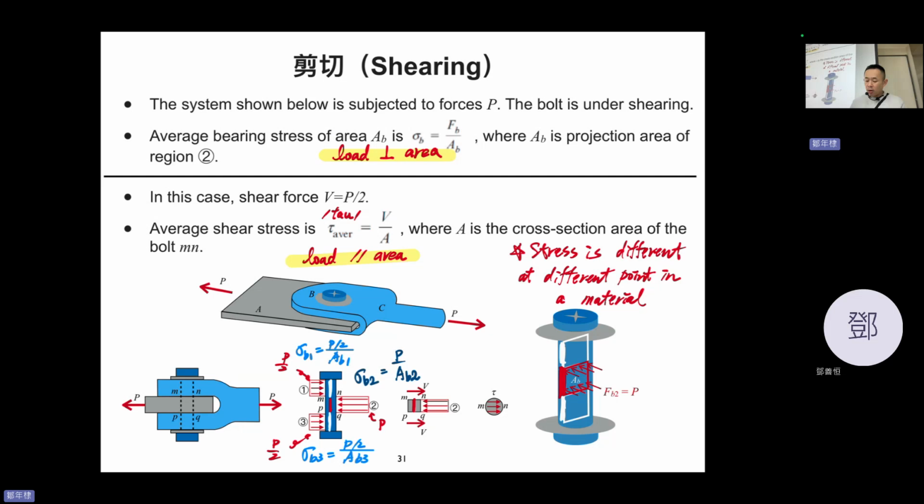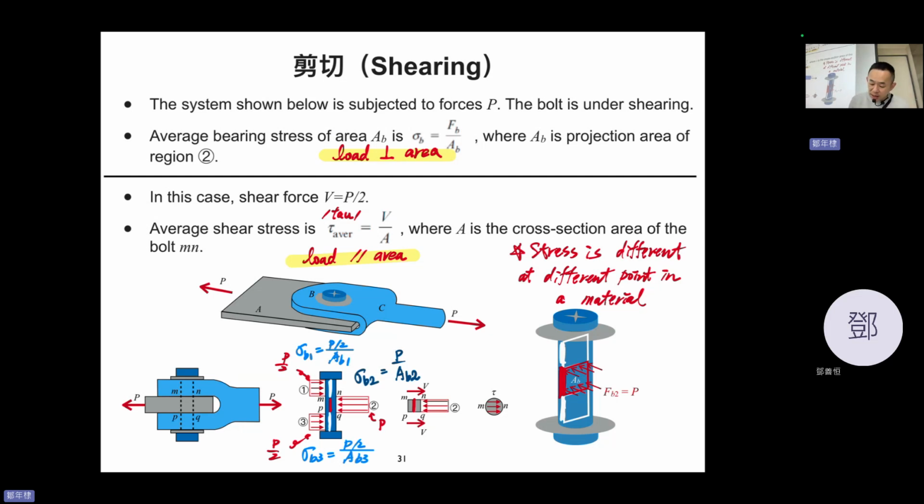And then we talk about shear stress, which is loading parallel to the area. So you see that between these two forces, there must be an area that cuts. The cutting plane, actually.